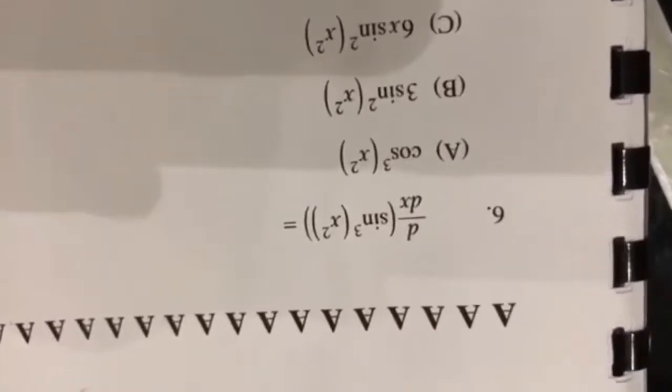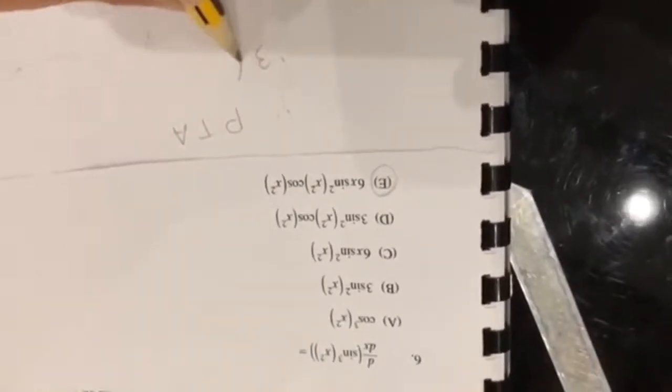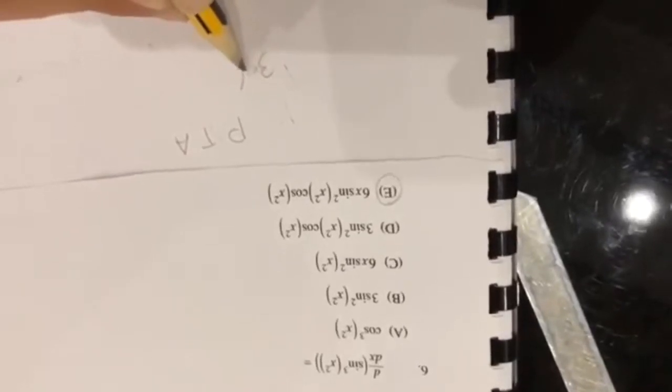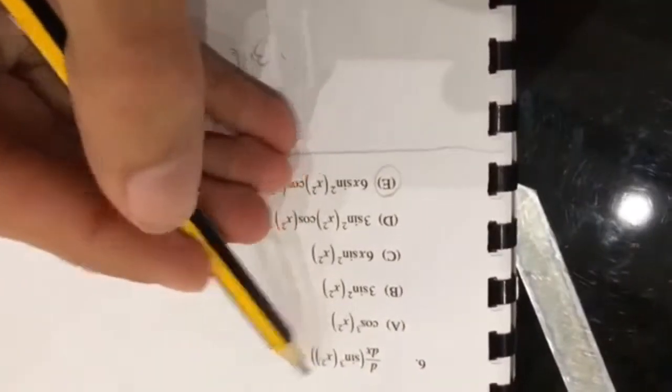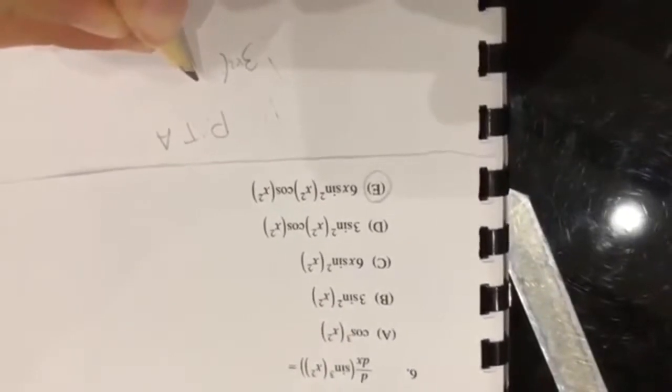For the last question, we have to find the derivative of sine cubed of x squared. To solve this question, we can use the rule, which is PTA. First, the power rule. First is 3 multiplied by sine squared of x squared.